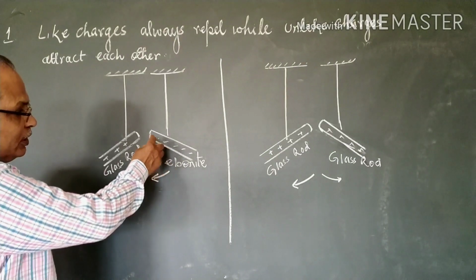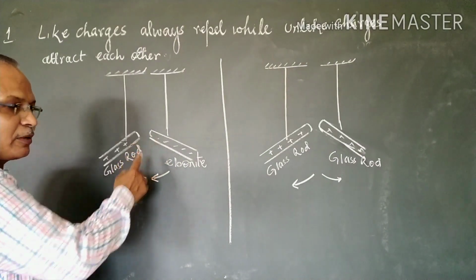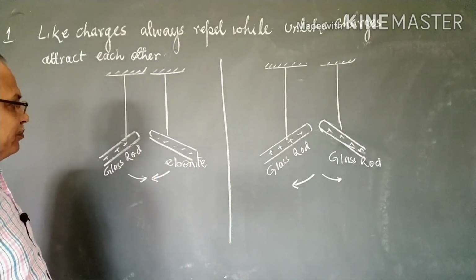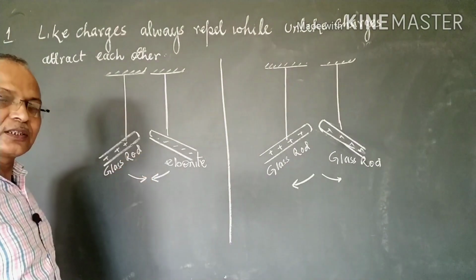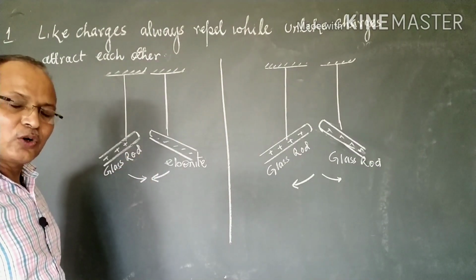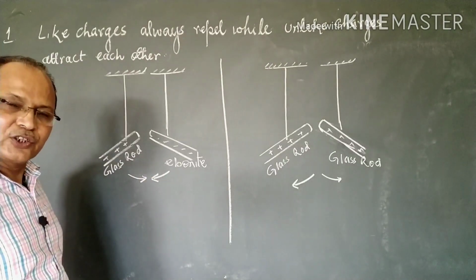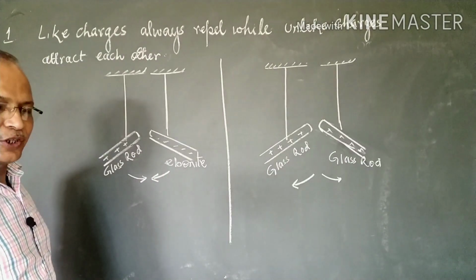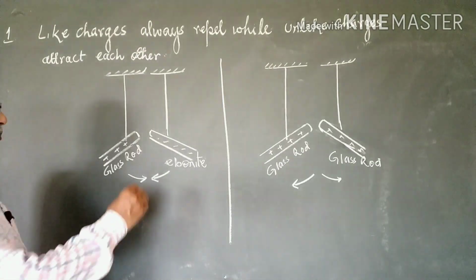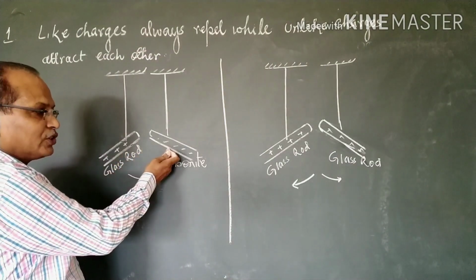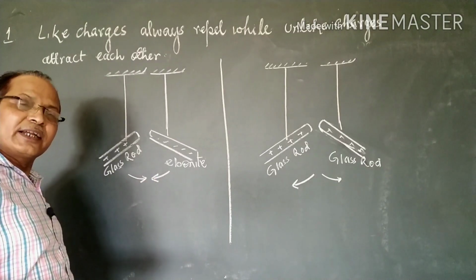If these two charged rods are placed close to each other, as the charges on both the rods are different, there will be a force of attraction between the two rods. So this shows that unlike charges always attract each other.